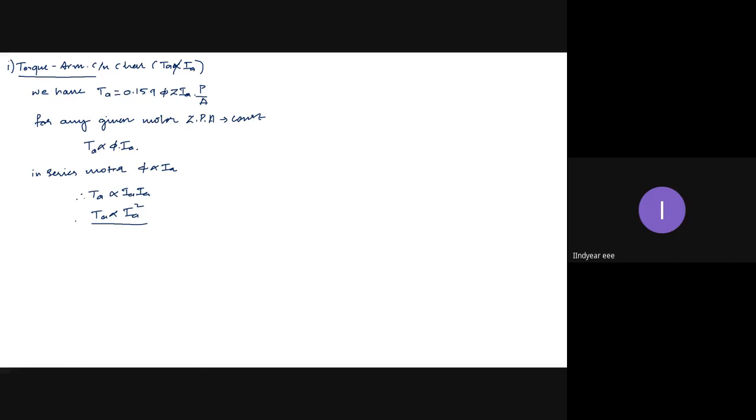So here torque is proportional to the square of the armature current.